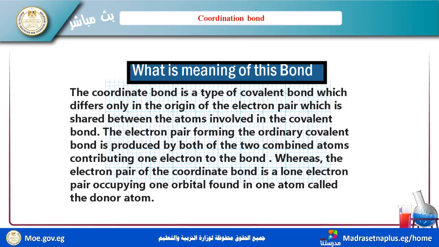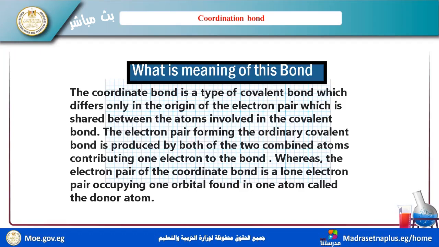So the coordinate bond is a type of covalent bond which differs only in the origin of the electron pair shared between the atoms involved. The electron pair forming the ordinary covalent bond is produced by both of the two combined atoms.